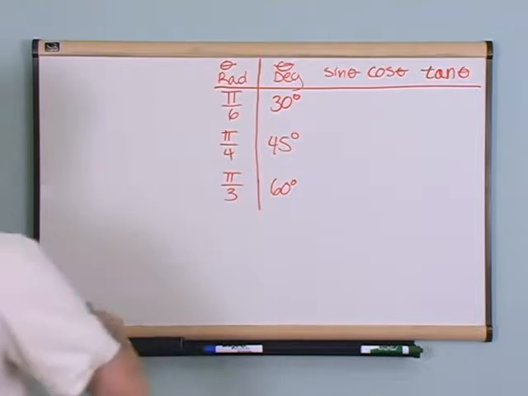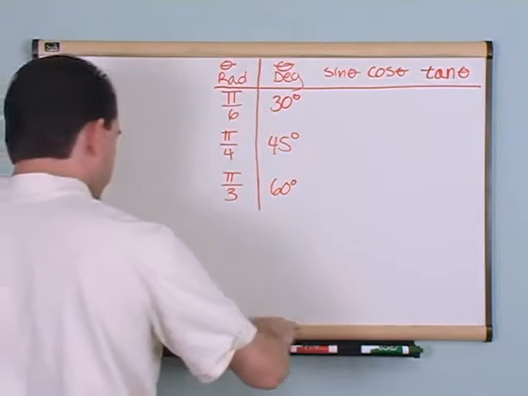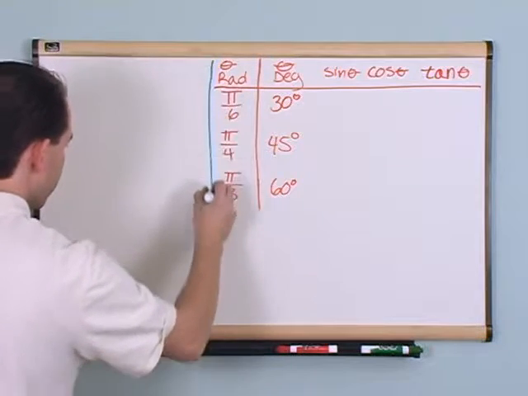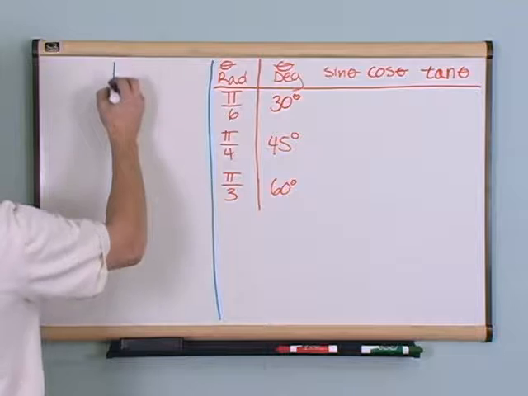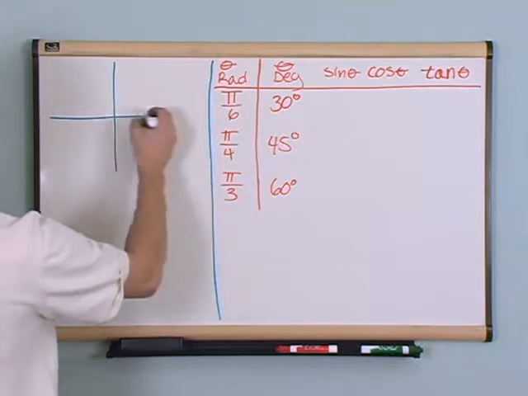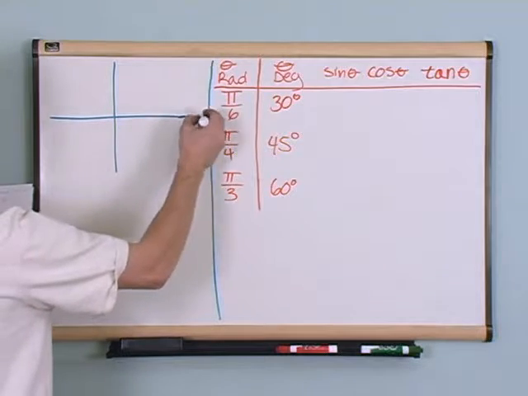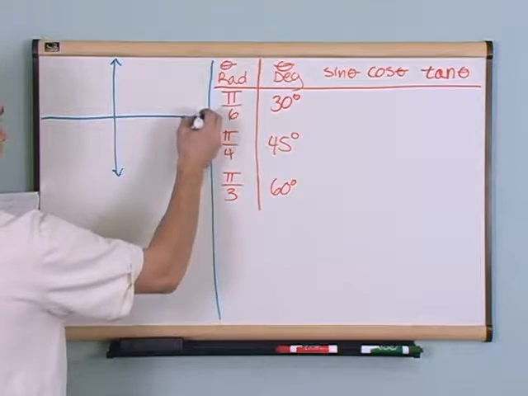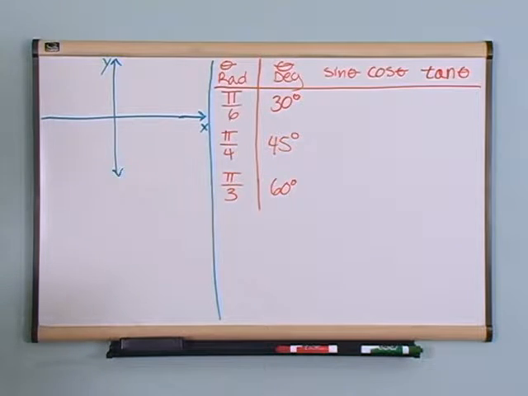In order to help fill out this table as we move along, I want to draw something right next to it. So we'll mark this off like this, and then what we're going to draw up here is a unit circle. You'll find out what I mean by unit circle in just a second. This is the x-axis, this is the y-axis.